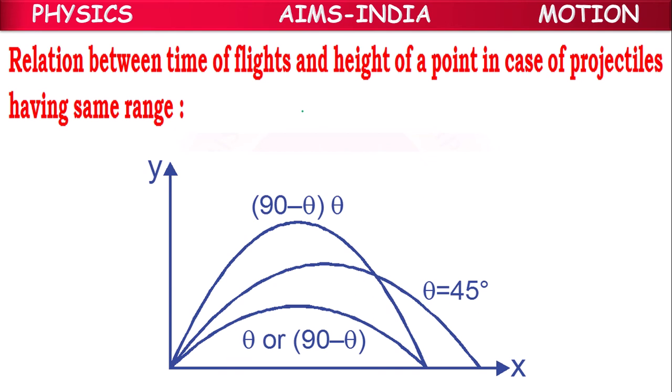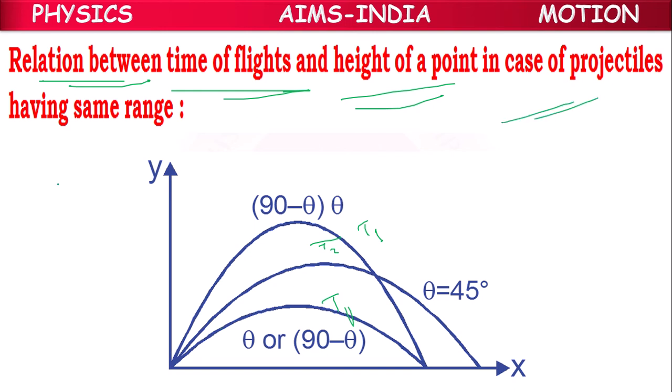Now we are going to find the relation between the times of flight T1, T2, T3. Three different times of flight are there for these three projectiles, and height of a point, meaning height of any point, in the case of projectiles having the same range.